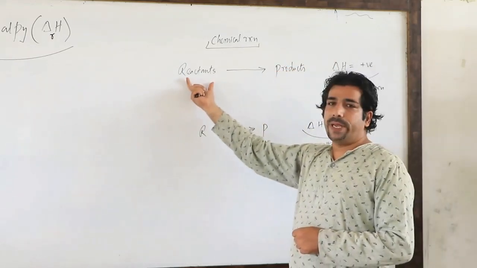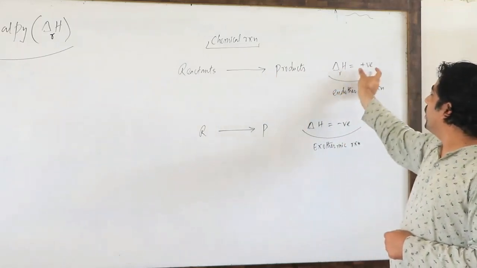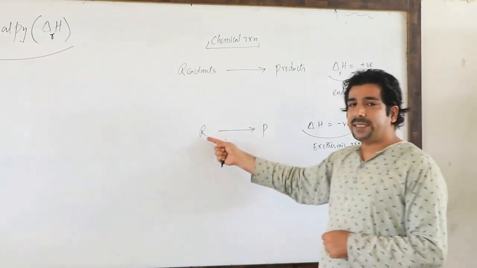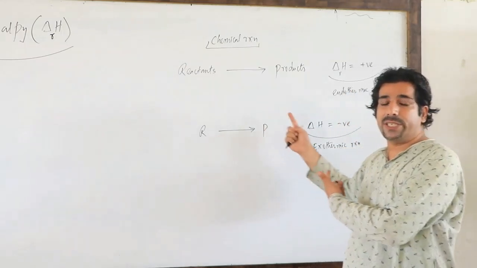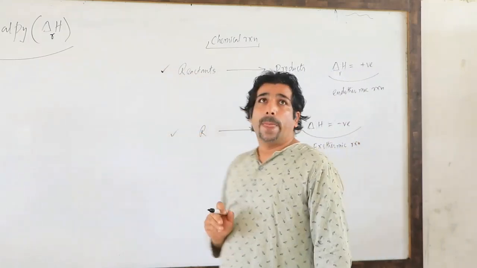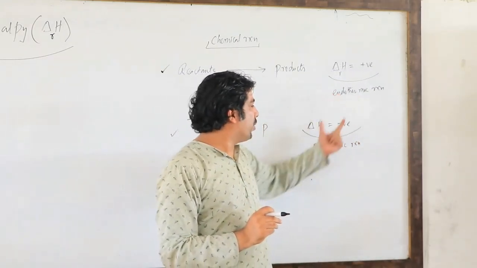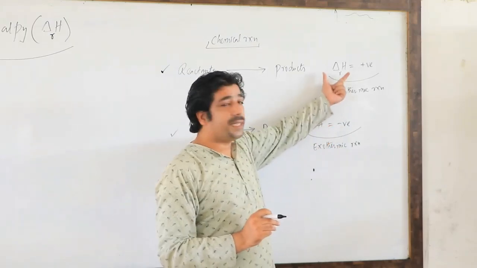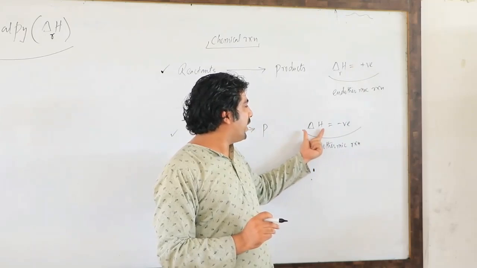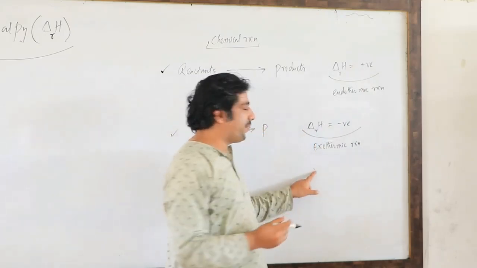Reactants are absorbing the energy because delta H value is positive, and here delta H value is negative. That means reactants are releasing the energy and changing into the product. So now we have two types of reactions: either endothermic or exothermic. Here the reaction enthalpy is positive and here it is negative.